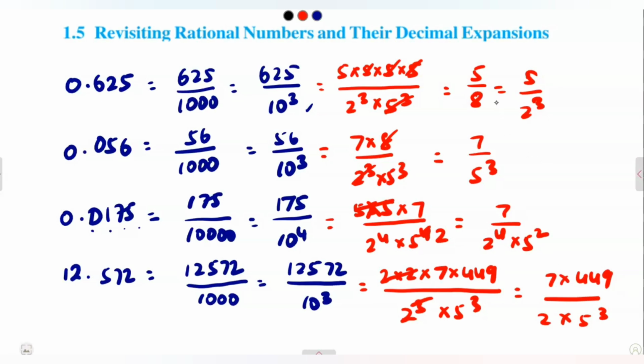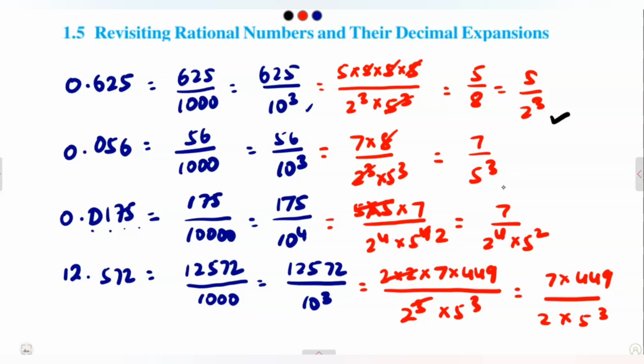Now you observe the patterns of the answers you got here. What did we do? We converted a rational number of the form p by q into the form a by b, which is in simplest form, where a and b are co-primes. 5 and 8 are co-primes. They don't share any common factor, so they are called co-primes, or it is in simplest form. So we converted a rational number into simplest form. Now try to understand the denominators here.